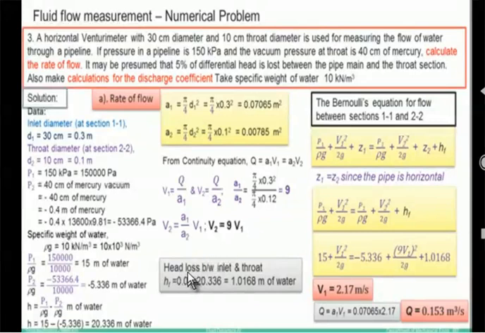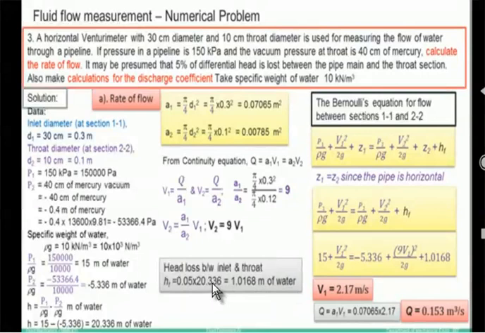Next, head loss. Why do we have to find out this head loss? Here it is given that it may be presumed that 5% of the difference is lost, that is the head loss. How much percent is 5%? Then the head loss between inlet and throat, hf, is equal to 0.005, this is the percentage, into 20.336, which is equal to 1.0168 meter of water.